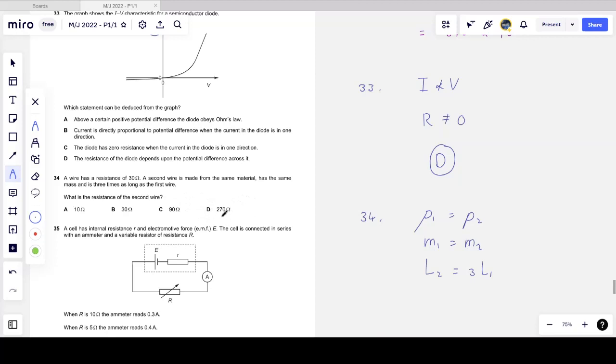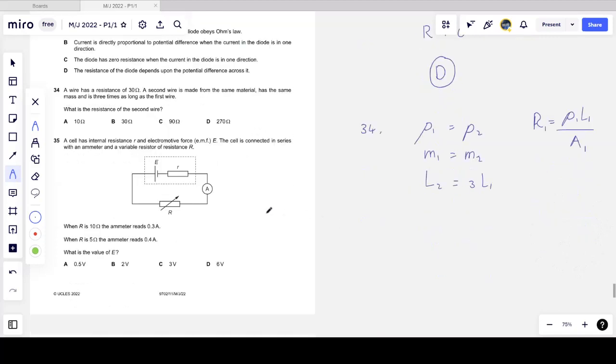I want to find the area because I know that the resistance is related to the resistivity rho, the length L, and the area A. So R for wire 1 is rho 1 L1 over A1, and R2 is rho 2 L2 over A2. But I don't know how the area is going to change. But what I can do is compare the densities. Since they are made from the same material, they have the same densities.